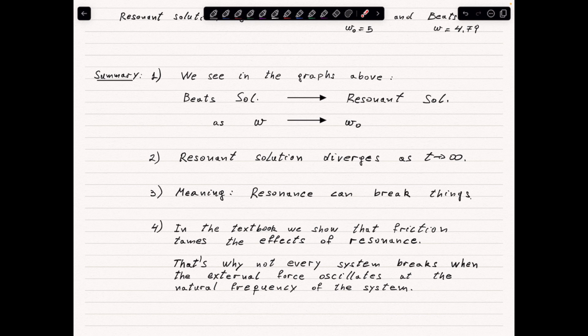We are going to see that in this case, when we have friction, the system doesn't break. And if you are interested, you can look at the textbook. We are not going to cover this particular case in our class because the calculations are fairly complicated for one lecture, but it's going to be in the textbook.